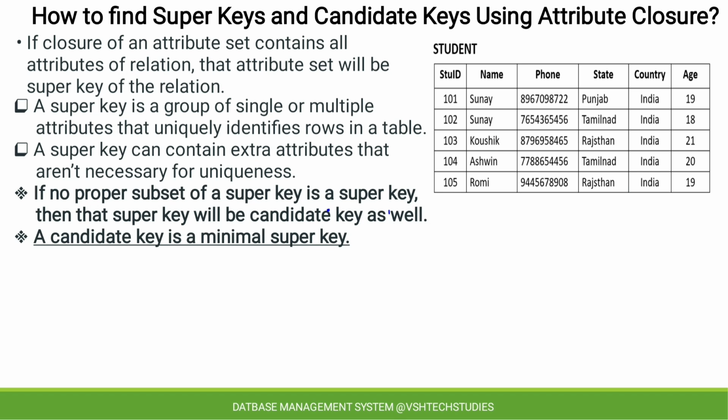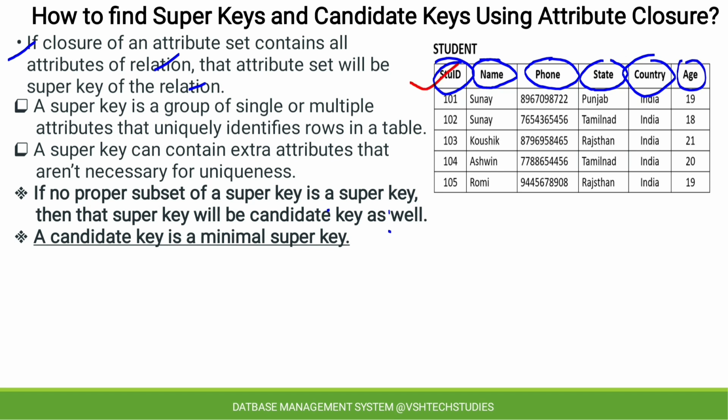Then, according to these lines, if the closure of an attribute set or single attribute contains all attributes of the relation, then that attribute set or single attribute will be a super key of the relation. So with student ID we can determine the value of itself, then we can determine the value of the name attribute, phone attribute, state, country and age attribute.